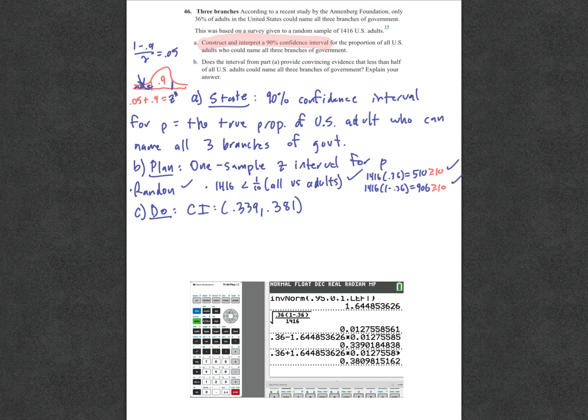Then part D is the conclude part, where you interpret this confidence interval in context. You would say something like, we're 90% confident that the interval from 0.339 to 0.381 captures p, the true proportion of U.S. adults who could name all 3 branches of government.